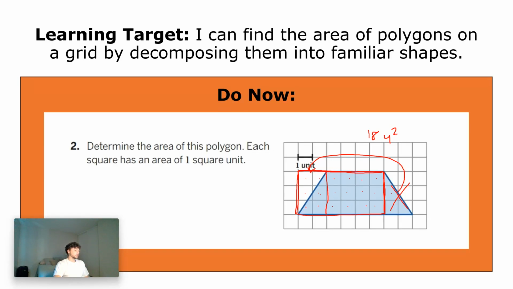Counting my height: 1, 2, 3. And multiplying. Base times height equals area of a rectangle. 6 times 3 equals 18 units squared. There we go.